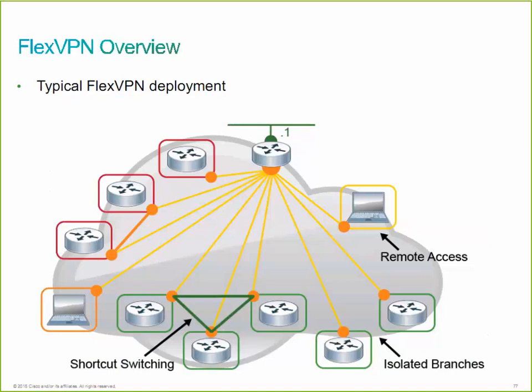So this is essentially the latest technology that Cisco has provided to solve that problem, right? FlexVPN was created by Cisco to simplify the deployment of VPNs and to integrate multiple solutions together.